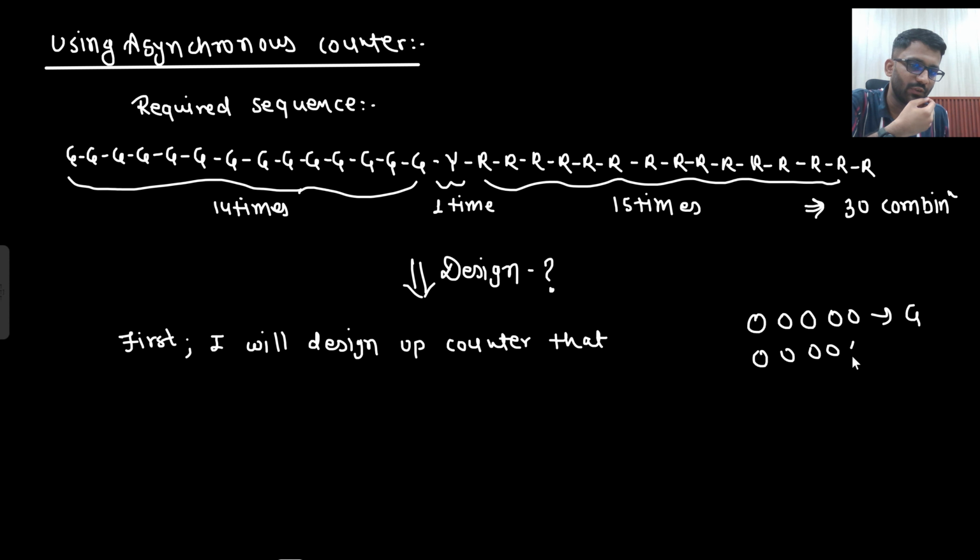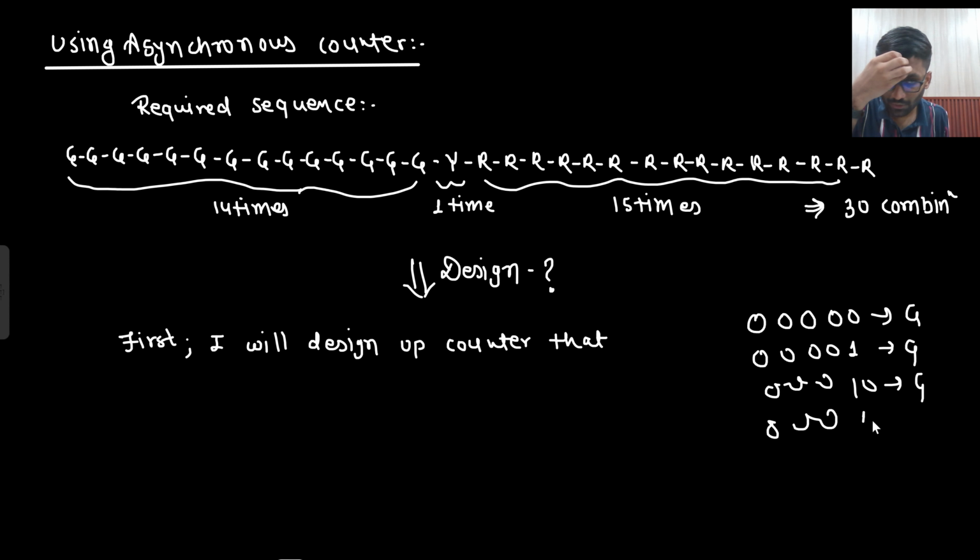Then 0 0 0 0 1, I can again give green. 0 0 0 1 0, again green. 0 0 0 1 1, again green. In that manner I will give green, green, green. Then one time I will give yellow, and for the rest of the time I will give red. So I require at least 30 combinations.